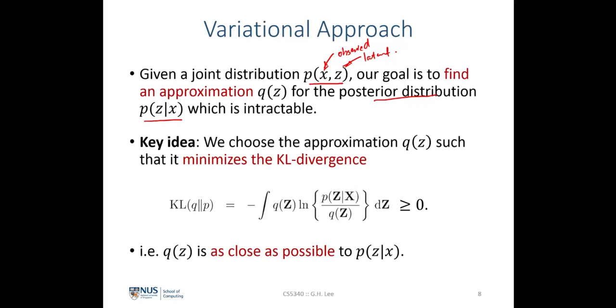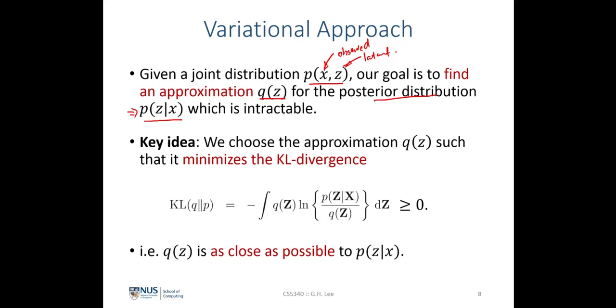So what we want to do in variational inference is to find an approximation distribution Q(Z), which is a function of the latent random variable, to be as close as possible to this intractable target posterior distribution.